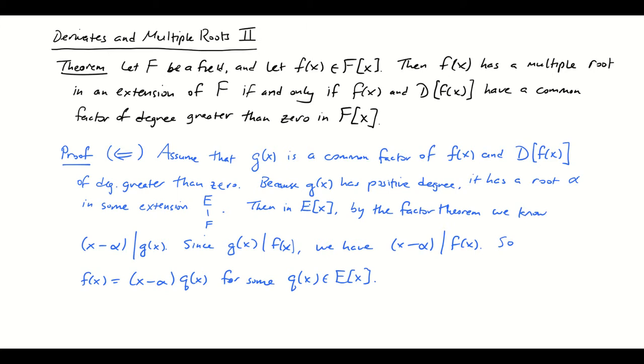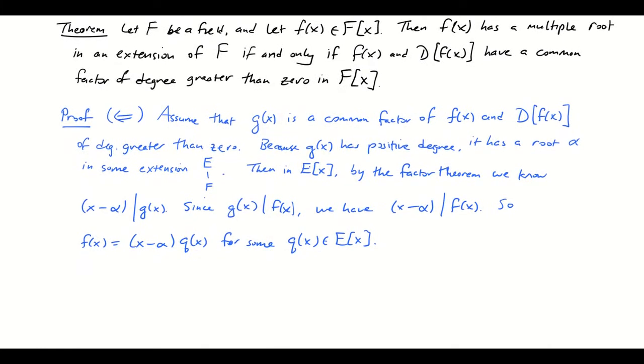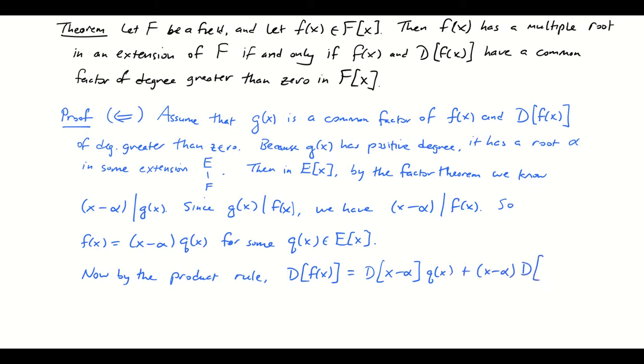All right, so now we're going to try and use the fact that g of x is a common factor of both f of x and its derivative. So let's write down what the derivative of f of x is in terms of all of this stuff. Now, by the product rule, the derivative of f of x is equal to the derivative of x minus alpha times q of x plus x minus alpha times the derivative of q of x.